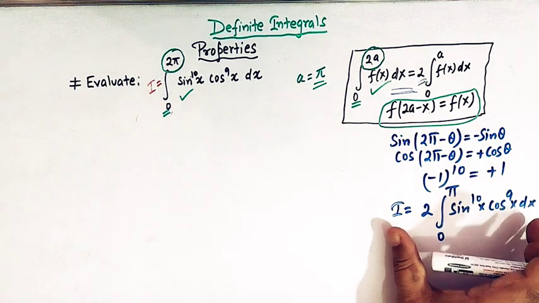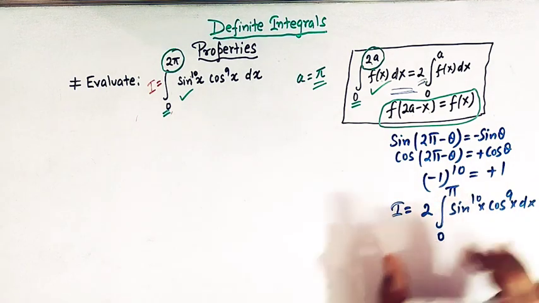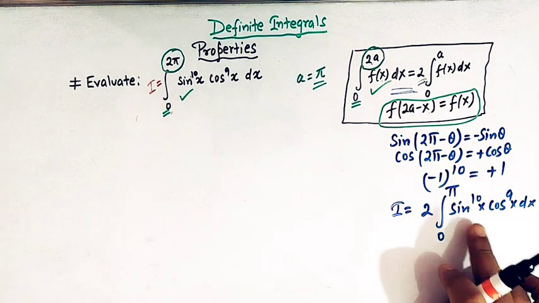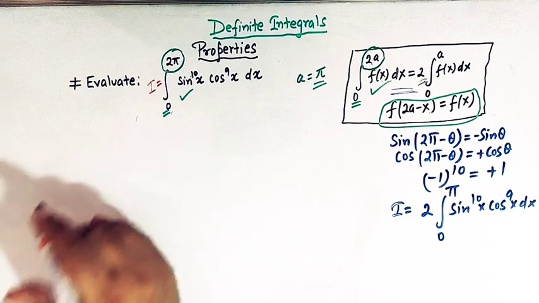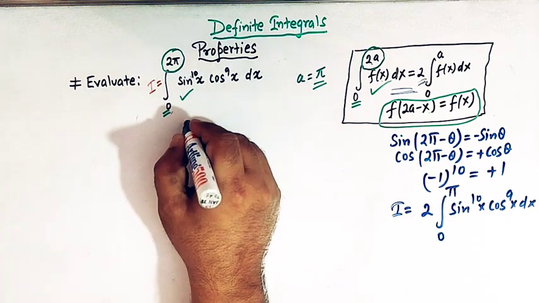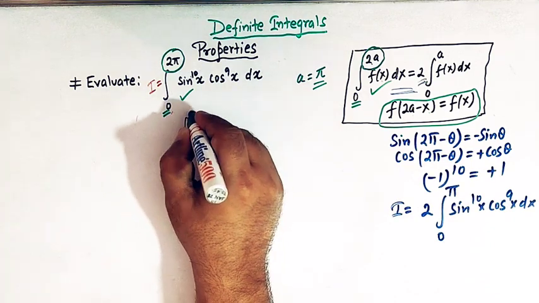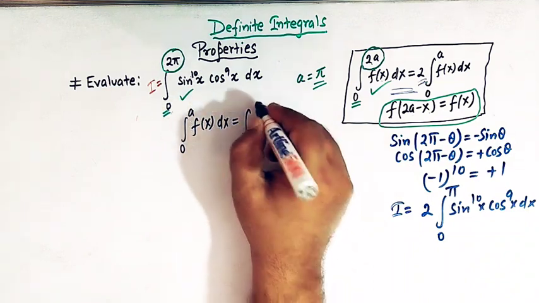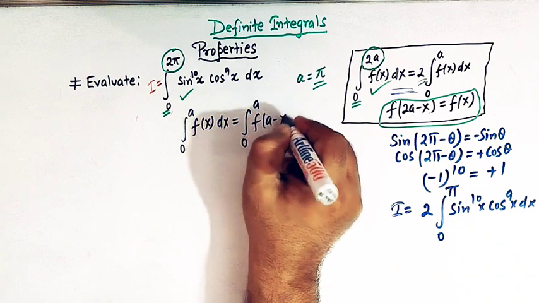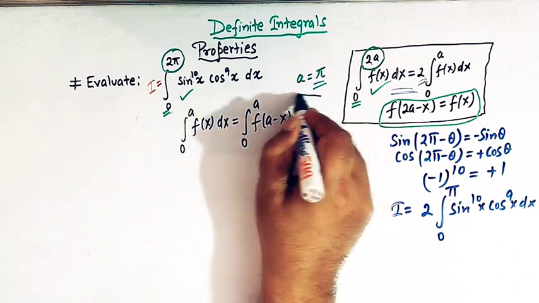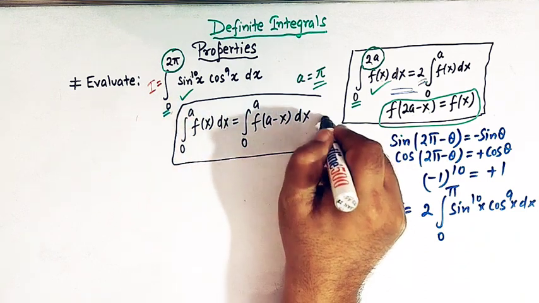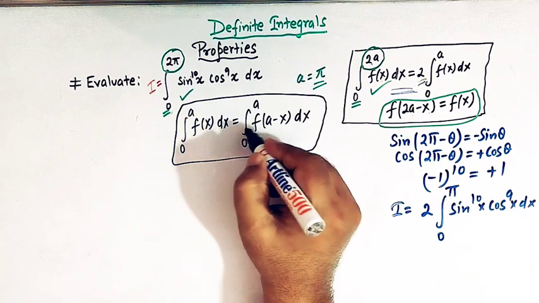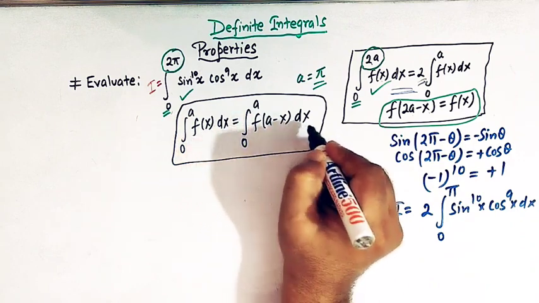Now viewers, here we'll apply one more important property of definite integrals to simplify this integral. The property is that the integral from 0 to a of f of x dx is equal to the integral from 0 to a of f of a minus x dx.